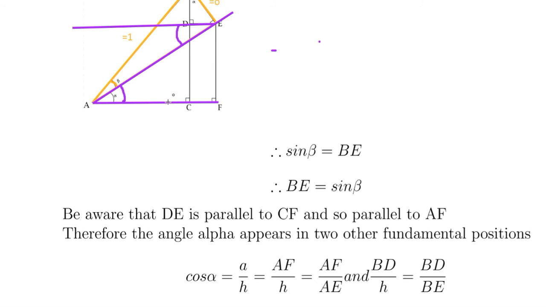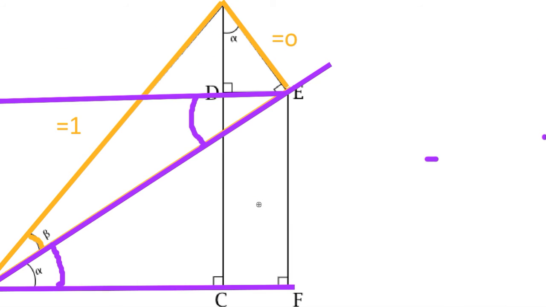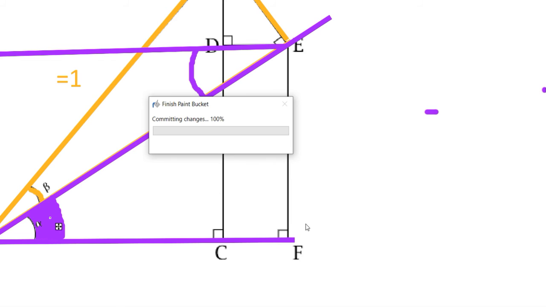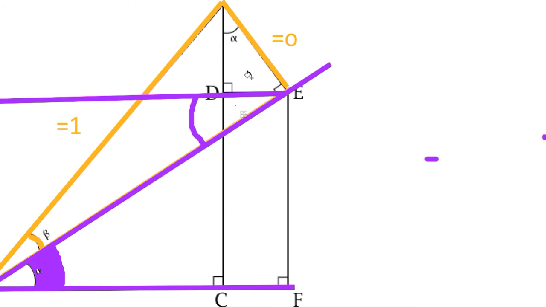Fundamental position 1, if I zoom in, is this angle there, angle AED, that angle in here. This is the same as the angle alpha. That's the first place. The second place, which is obvious mainly because of the labeling, is that this is also alpha.